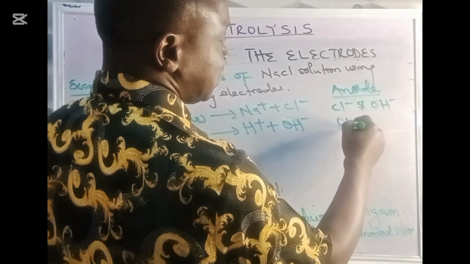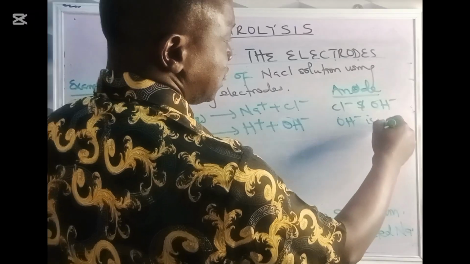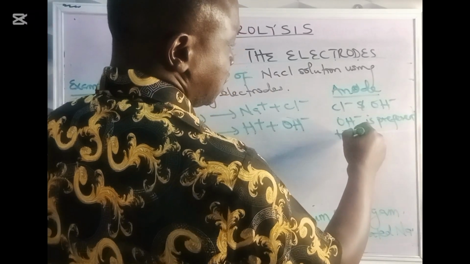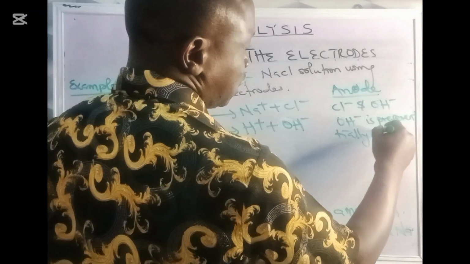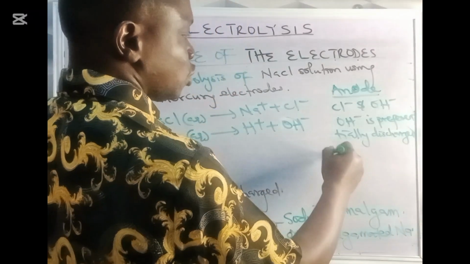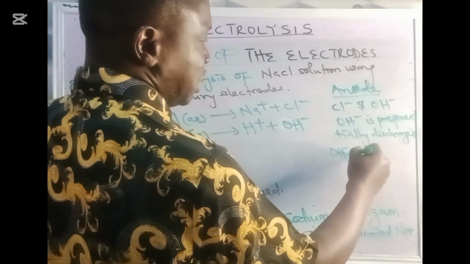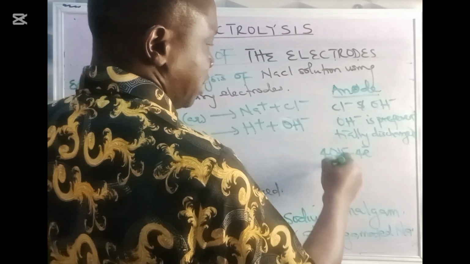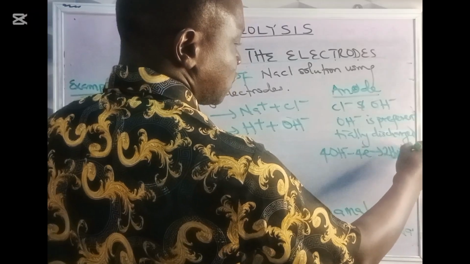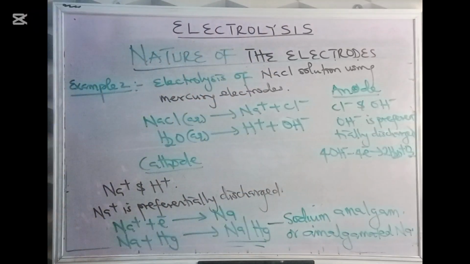OH minus is preferentially discharged because it is below chloride ion in the electrochemical series. So 4OH minus minus 4 electron gives 2 moles of water plus oxygen gas. So the principal gas liberated at the anode still remains oxygen, which rekindles a glowing splint.